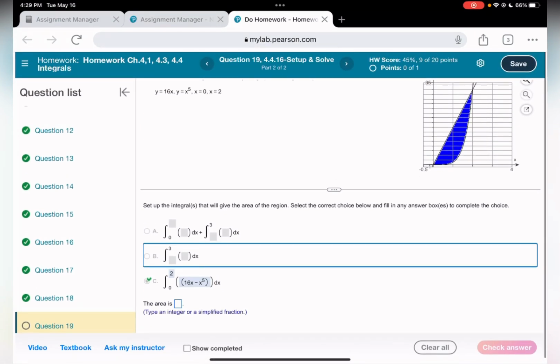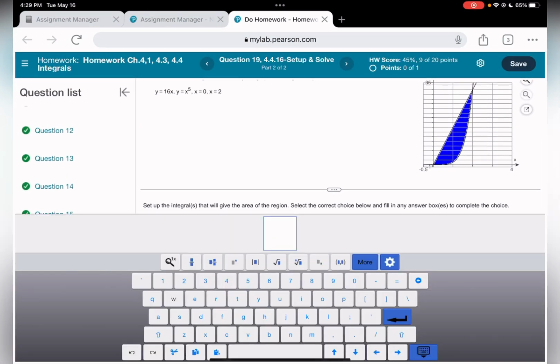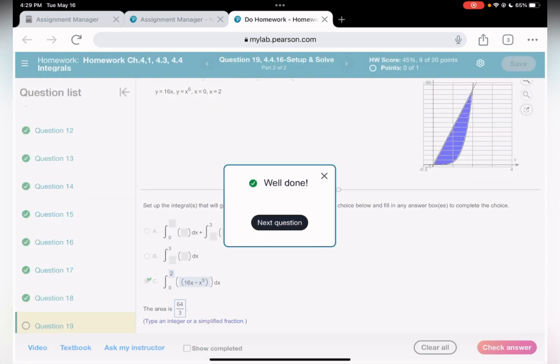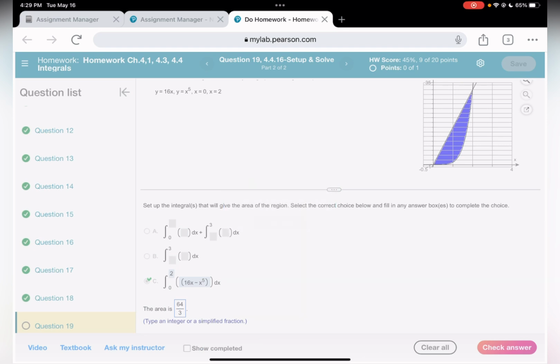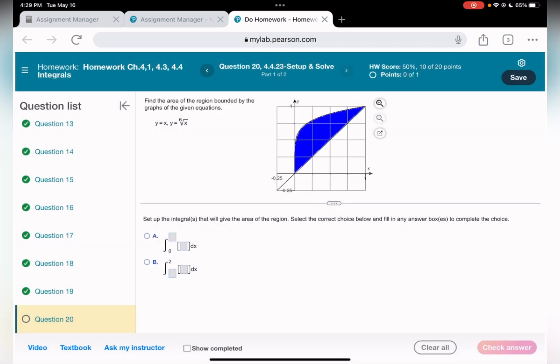The area is 64 over 3. Well done. So when you have some figure given here, you need to find the area. You find what border is on the top, how it's expressed mathematically, and what is at the bottom.